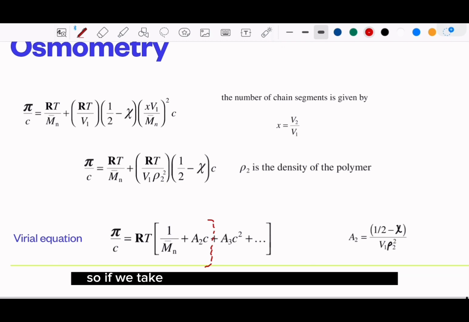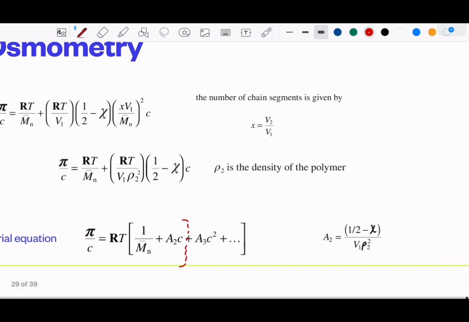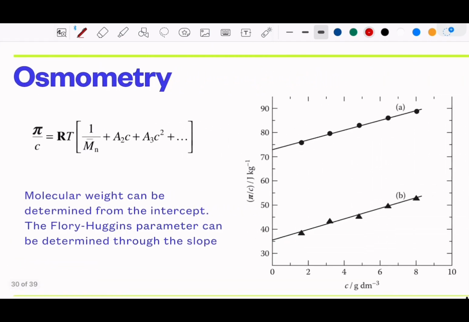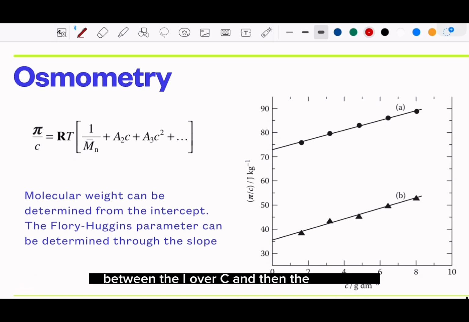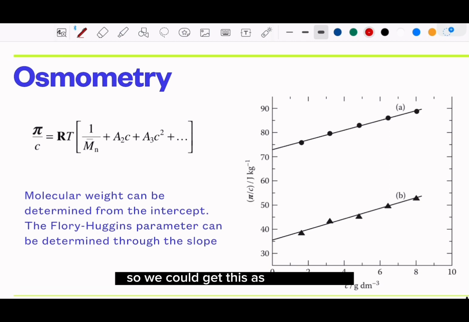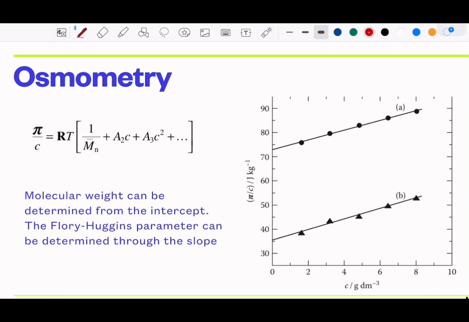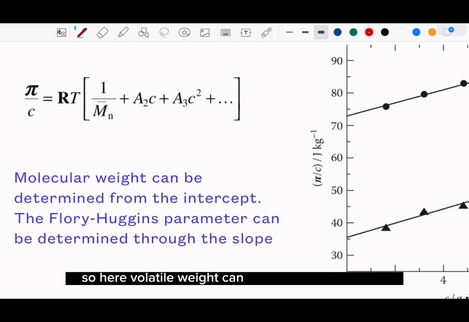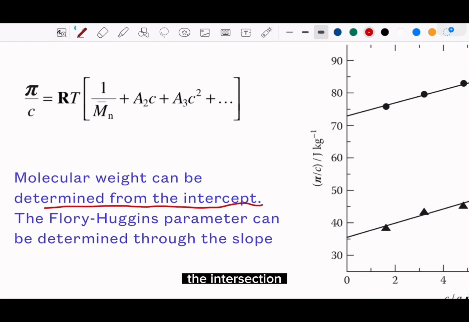Okay. So if we take some graph between pi over C and the concentration C, if we take it at 0, we could get this as our 1 over M. So if we make a good approximation for the linear equation, we could find the molecular weight. So here, molecular weight can be determined through the intercept.